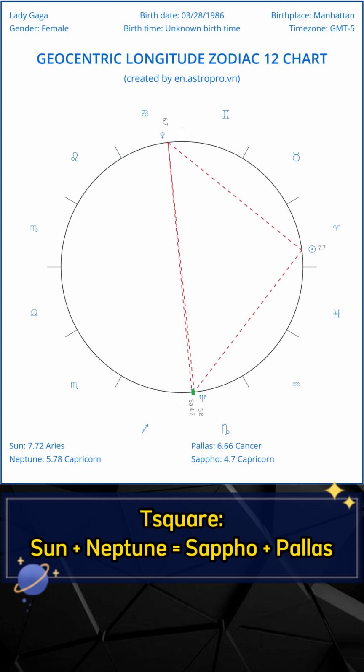Therefore, this geometry is considered very challenging, and to interpret it, we need to combine the symbolism of all 4 planets participating above, but we just need to negate their positive qualities.